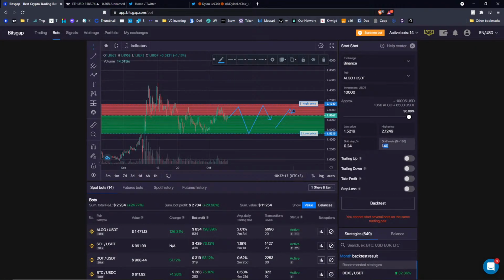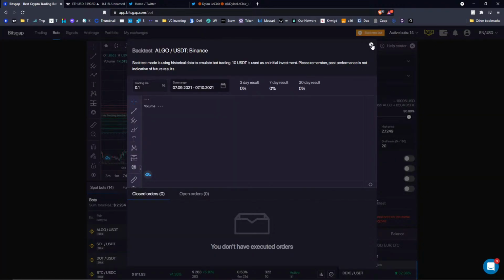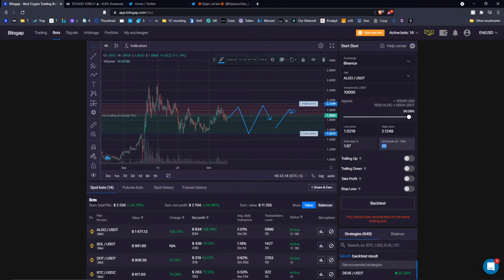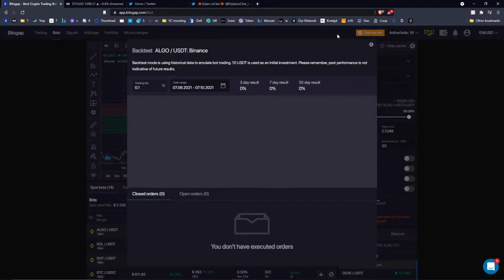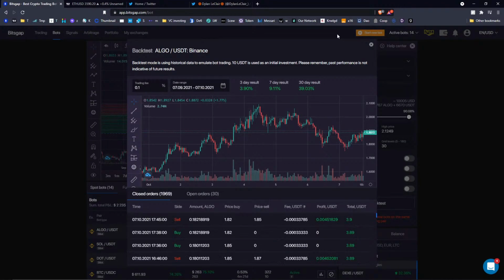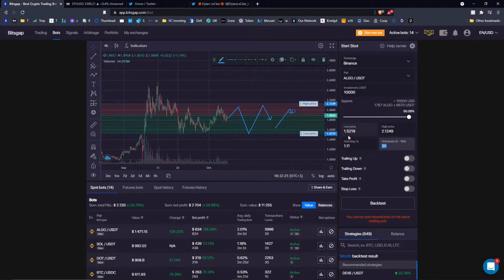So yeah, you see the outcome with 20, was it 20? Maybe 30. So yeah, 20 grid levels looks like the optimal one for this trading range as well. So that's basically how I use it.